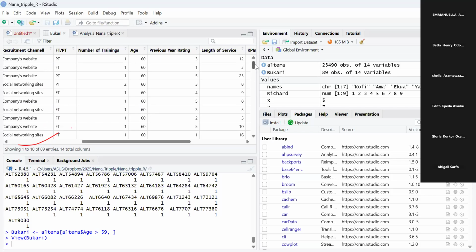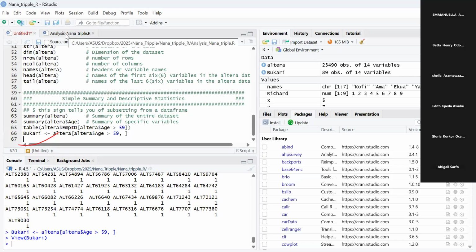Don't worry. But first, let those who haven't done it do it, and then I'll explain the comma. Right? Please, are we all done? Yes, please, Prof.